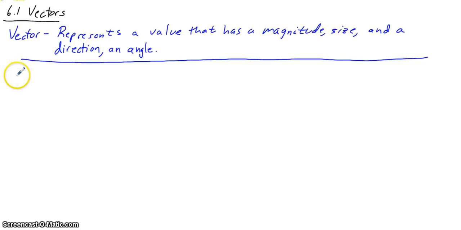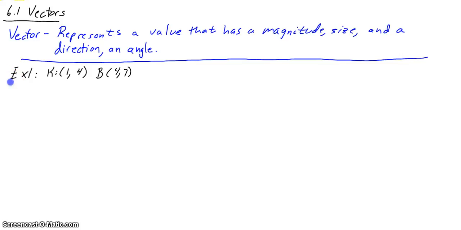So let's start with the point K being at, let's say, 1, 4, and B is at the point 4, 7.